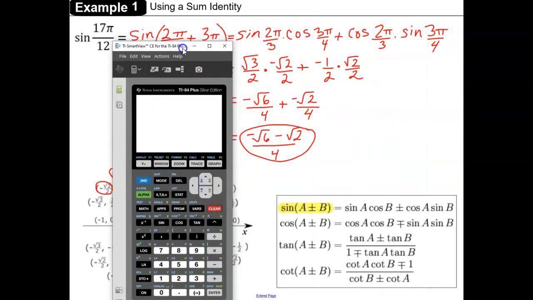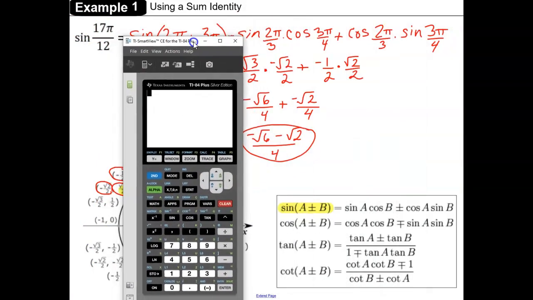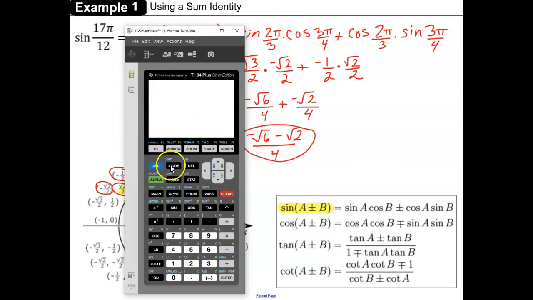Now we're going to check that answer by making sure our calculator is in radian mode. And then we're going to evaluate the sine of 17 pi over 12. And that's going to give us a decimal approximation.